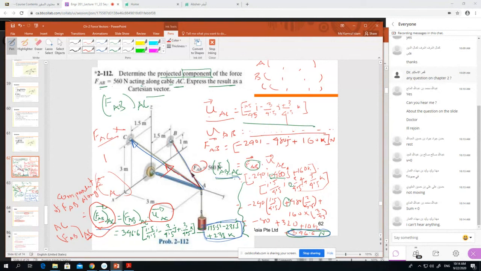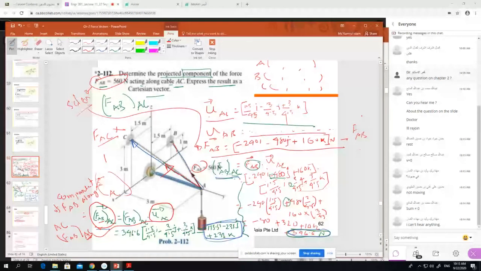Now the question is: the unit vector for AB, the scalar is given, and here we convert it to the vector FAB. Remember, FAB scalar was given, then we made it a vector, right?